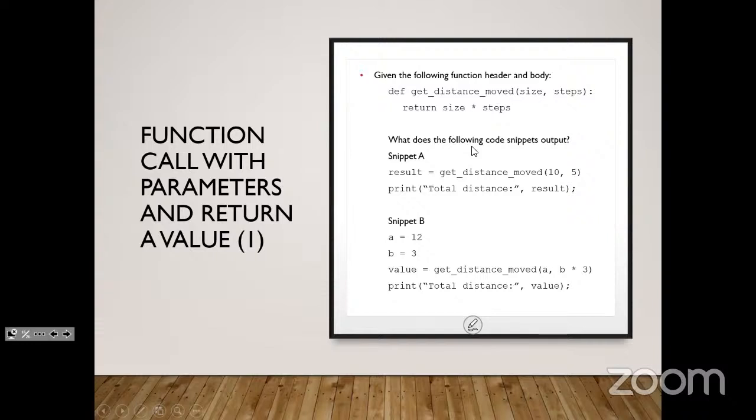So these are snippets of code. I'm going to see if my handy dandy pen will work today. Sometimes it does, sometimes it doesn't. So up here, we have defined a function called get distance moved. It takes 2 parameters.